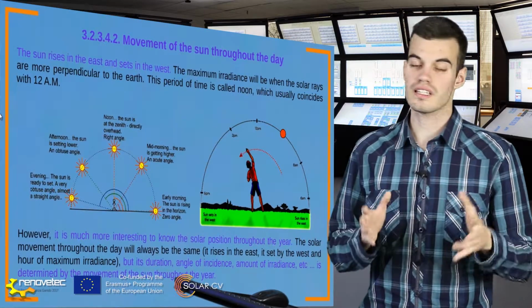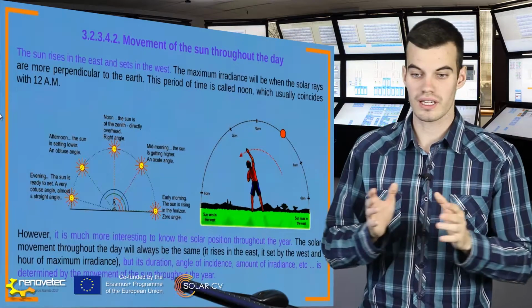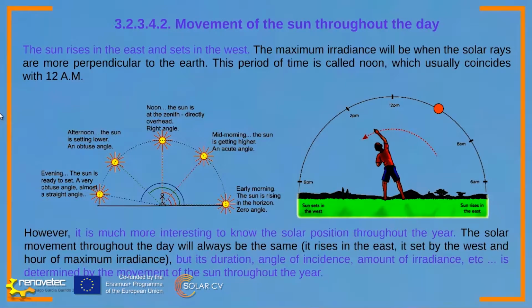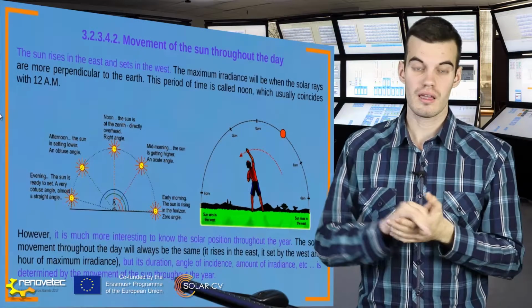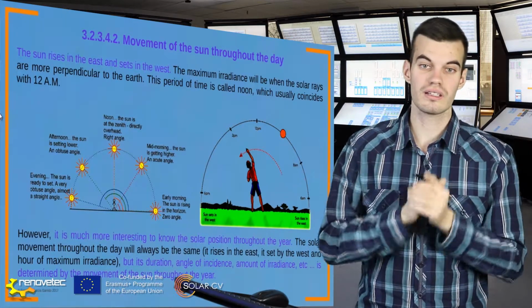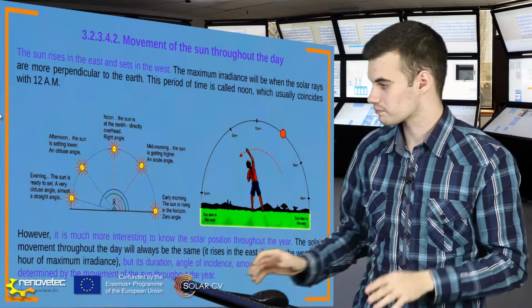To finish this unit, we must define the different concepts of the sun. In both hemispheres, that is in northern hemisphere and in southern hemisphere, the sun rises in the east and it sets in the west. The maximum irradiance is going to be in a given period called noon, and this is in northern hemisphere at 12 o'clock, more or less, because the incidence angle is close to 0.